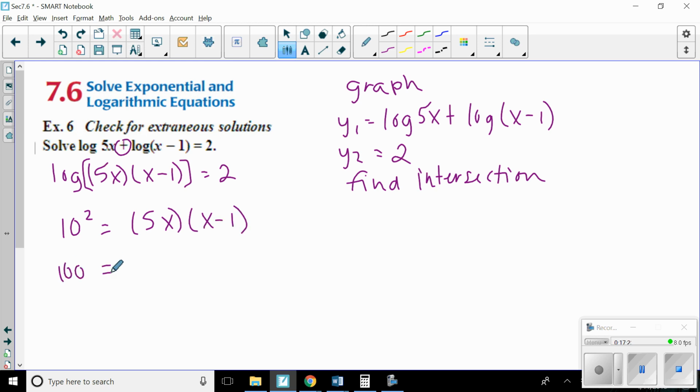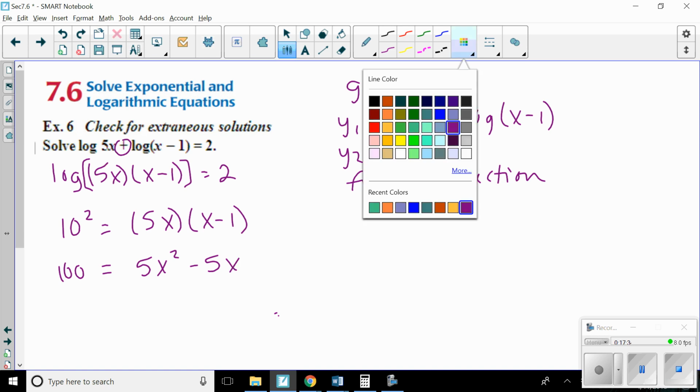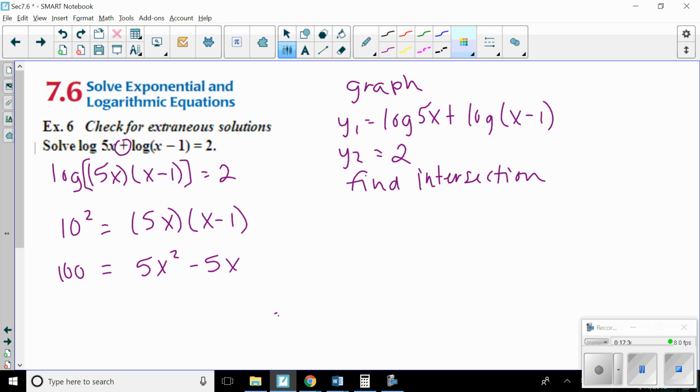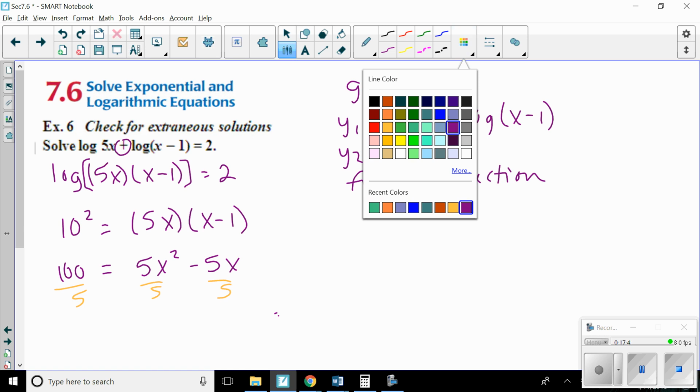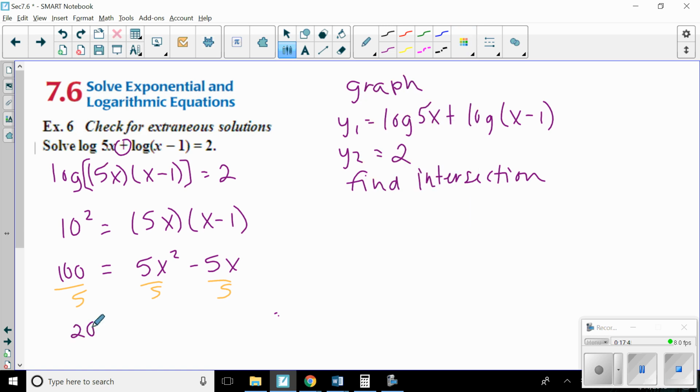So 100 is equal to 5x squared minus 5x. 5 is a factor in all of these terms, so I'm going to go ahead and divide by 5 just to make it a little bit simpler. And I now have 20 is equal to x squared minus x.